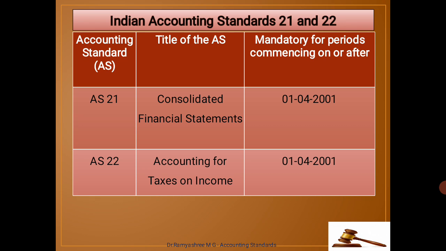This standard prescribes the accounting treatment for taxes on income, which is one of the significant items in the profit and loss account of an enterprise. Such taxes on income are accrued in the same period as the revenue and expenses to which they relate. In some cases, the taxable income may be significantly different from the accounting income due to the following reasons.